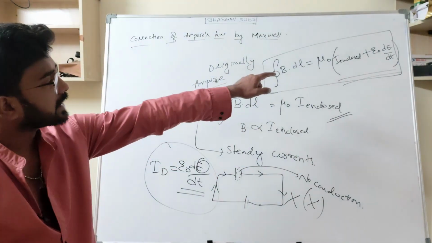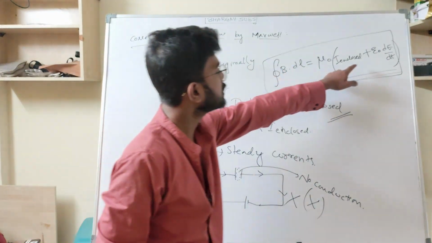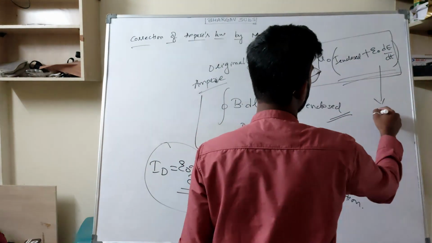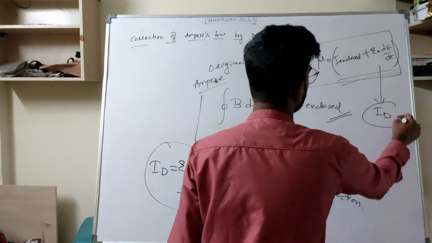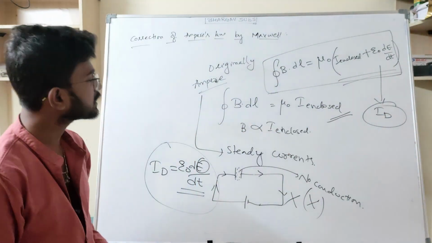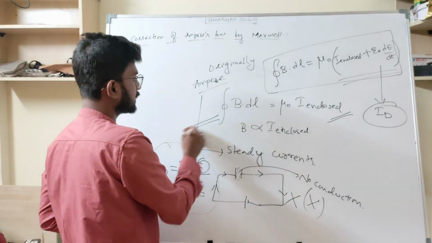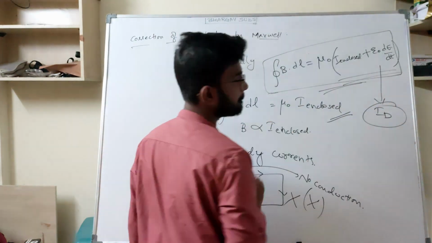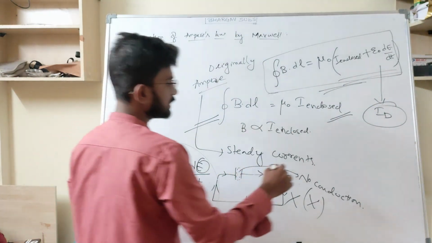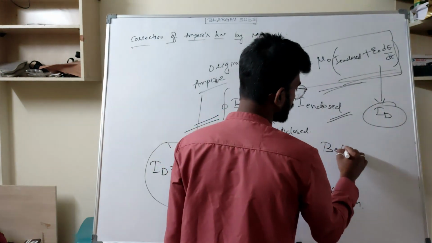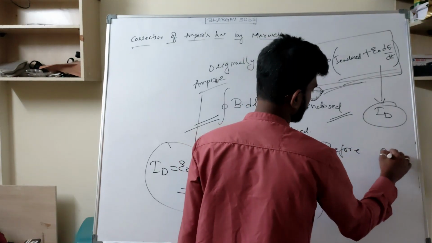So after applying Maxwell's equation, I will get this form. Maxwell made a correction by adding the displacement current. So this was the correction made. This was the Ampere law, and this was Maxwell's law, right? So there are equations before Maxwell and after Maxwell.